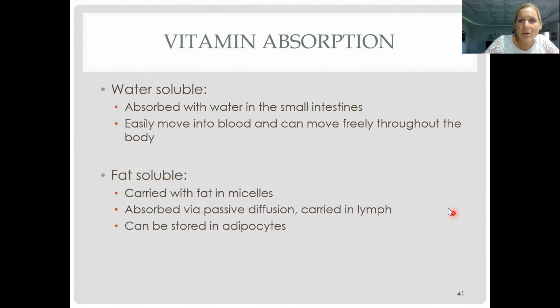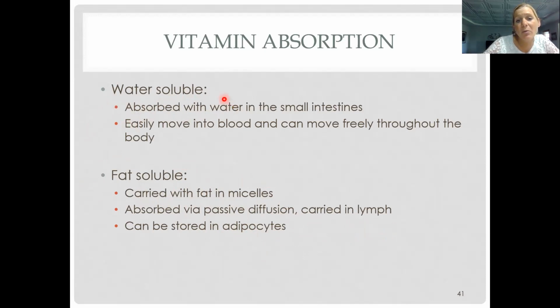Okay. So as I mentioned, two different types of vitamins. We have water-soluble vitamins, fat-soluble vitamins. The fat-soluble vitamins will be carried with the fats in the micelles. They can be absorbed via passive diffusion, carried in the lymph if they are with a long-chain fatty acid. And then these can also be stored in our fat cells. Okay, water-soluble vitamins are a little more dynamic, we could say.